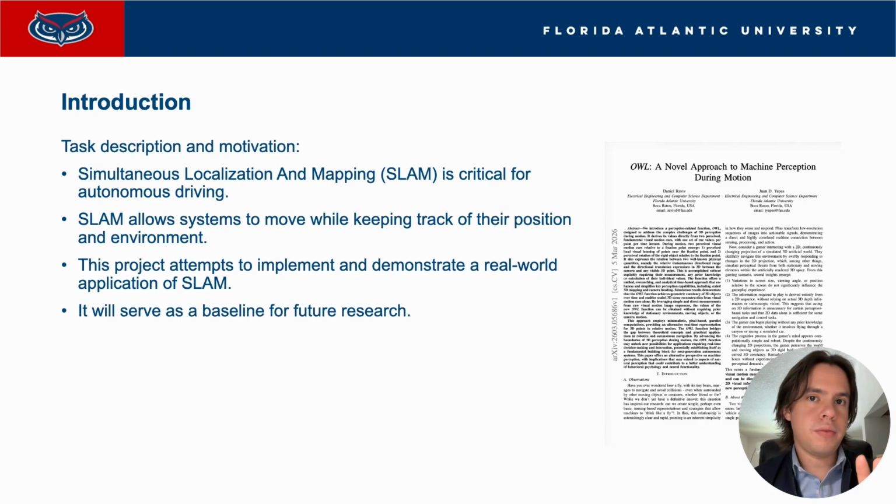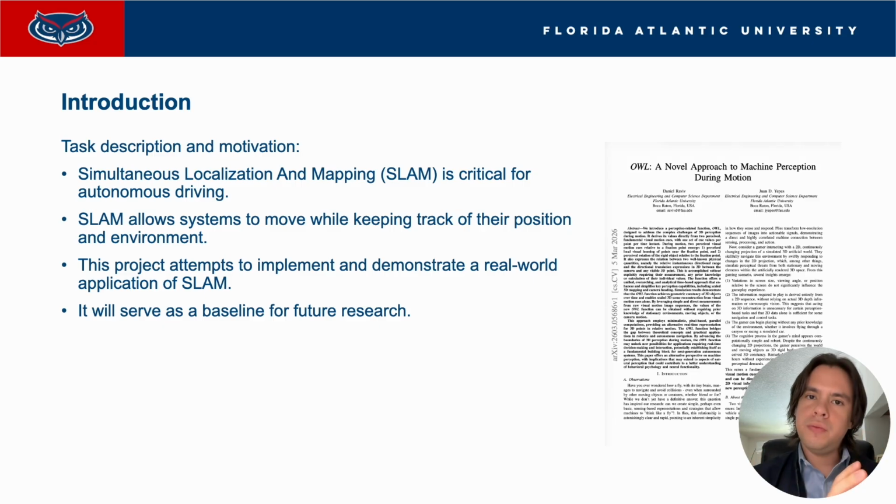However, there is also a second motivation behind it, and that's that my PhD advisors recently published a paper on a new approach to machine perception during motion, which basically allows performing certain 3D mappings and getting the camera location with only a sequence of 2D images, no stereo cameras.